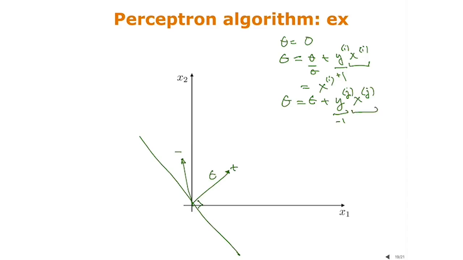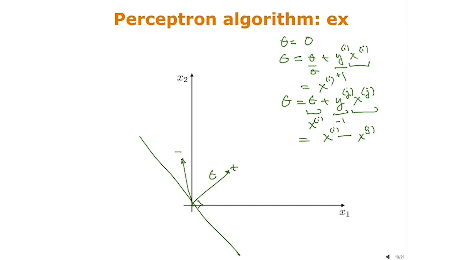Previously theta was just xi. So as a result, we get xi minus xj as the resulting parameter vector after the update.